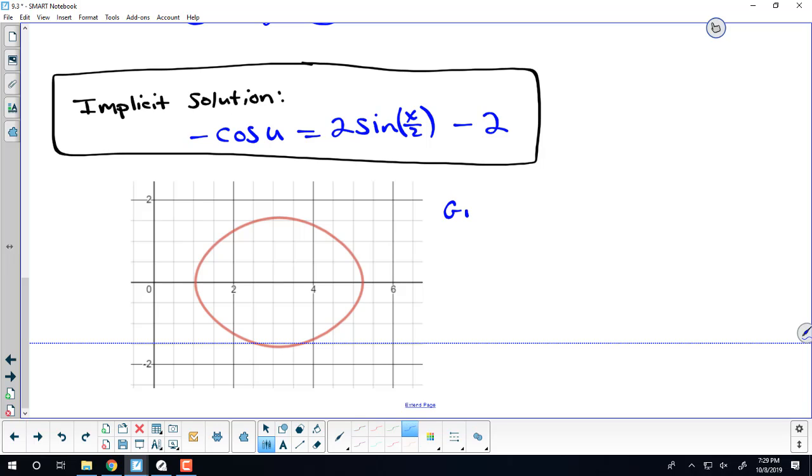So the graph, initial condition. So I don't know wherever that's at. Looks like it's 3. Maybe pi is here, and this is pi over 2.